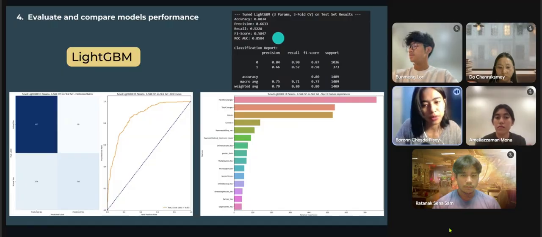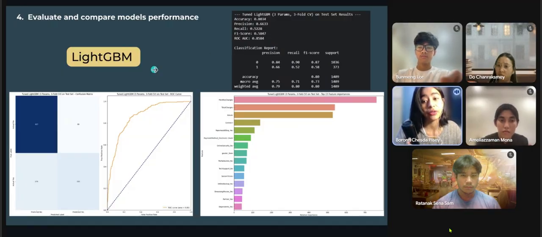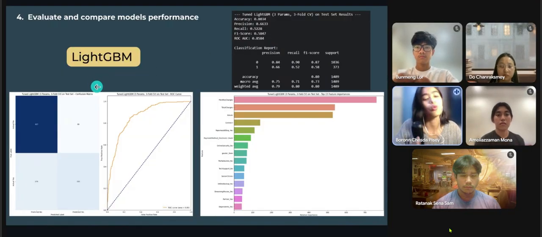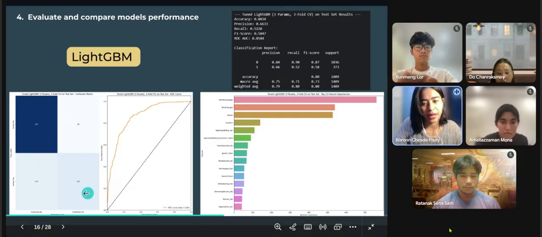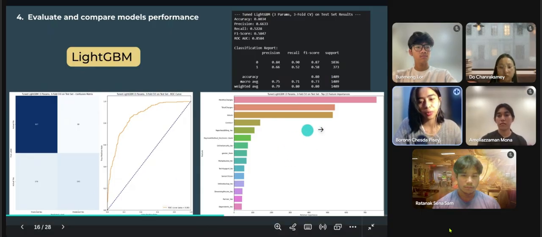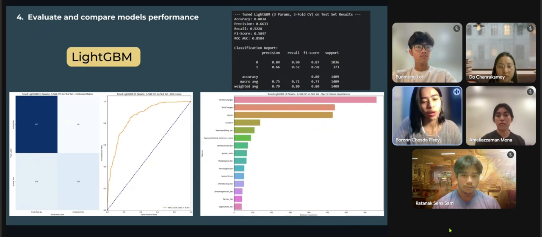The confusion matrix shows 937 true negatives and 195 true positives, with 178 false negatives, suggesting a conservative bias toward predicting negative. The feature importance plot highlights monthly charges as the top predictor, followed by total charges and tenure, while dependents has the least impact.